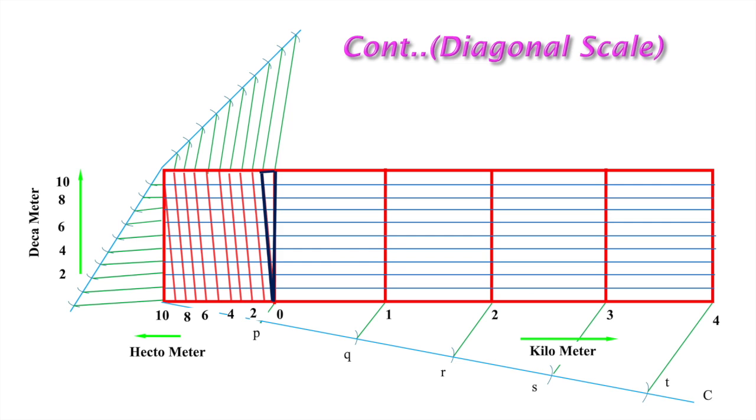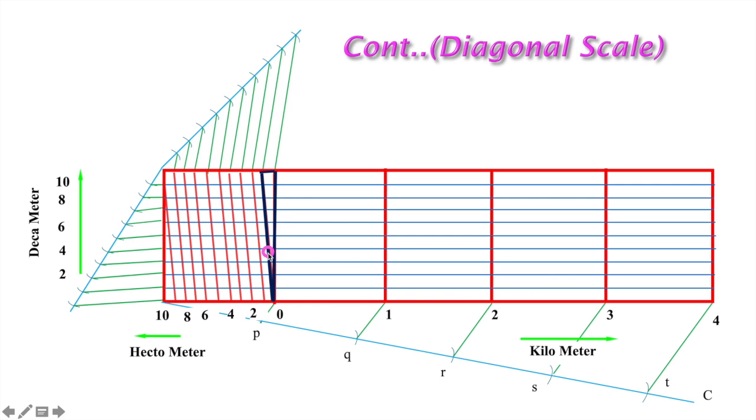Now we are seeing that though it looks like the measurement is in the vertical direction, the actual measurement is not vertical. Measurement in this scale is always horizontal only. But this horizontal distance is increasing in the vertical direction. I repeat, this horizontal distance is increasing in the vertical direction.